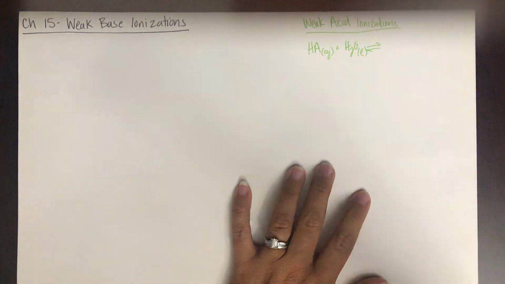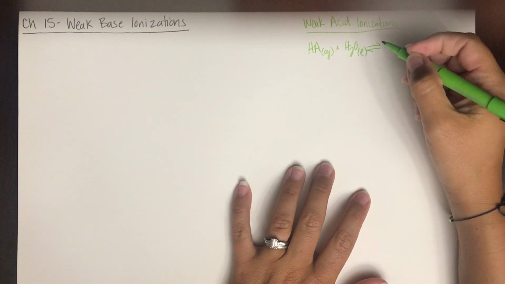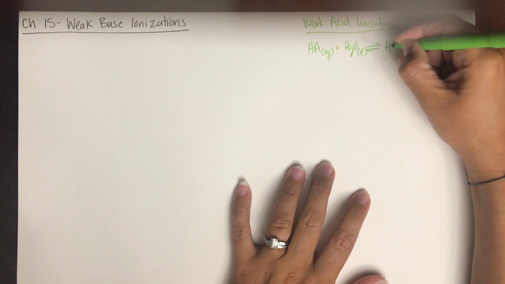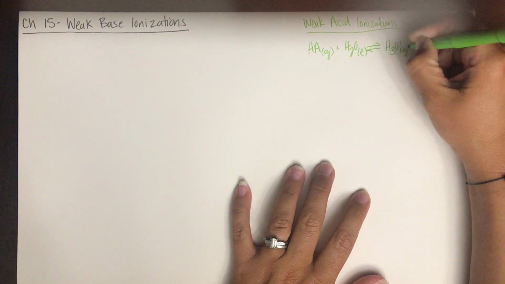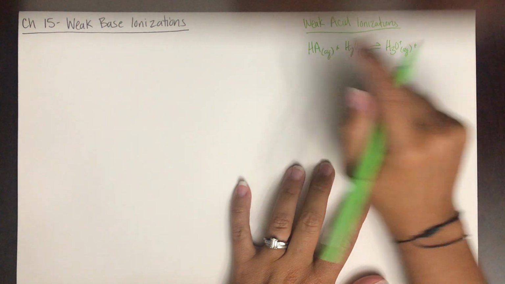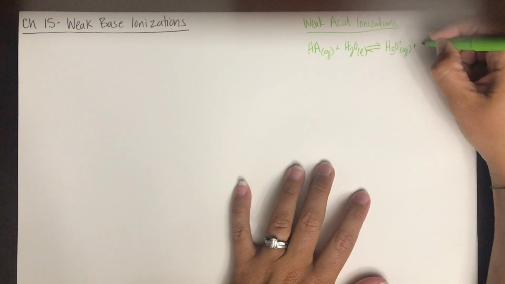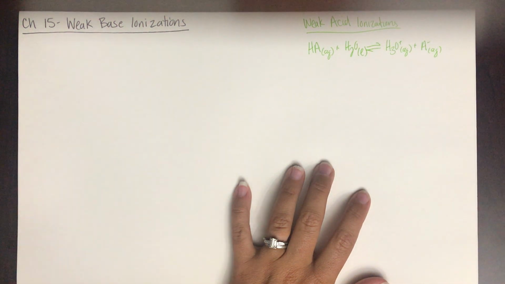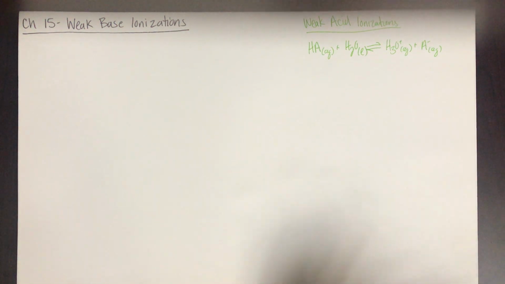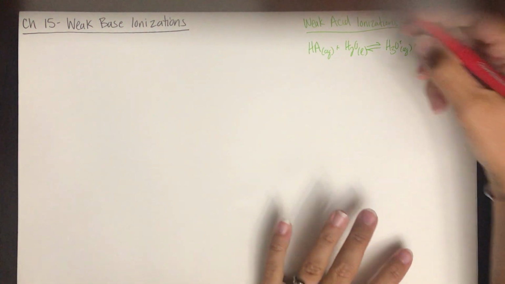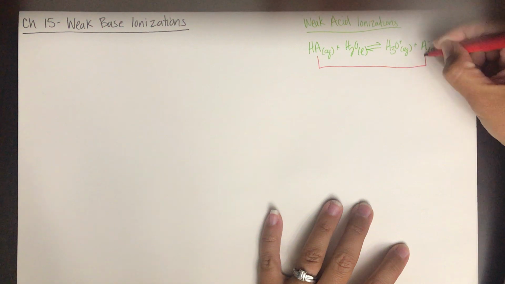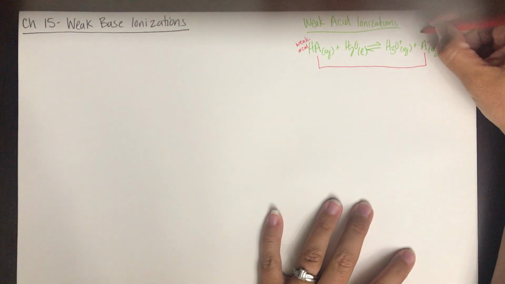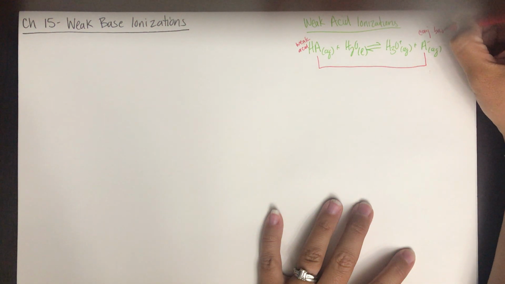And it is going to exist in equilibrium with water, producing the conjugate acid of water, which is the hydronium ion, aqueous, plus the conjugate base of the weak acid, which is this A-, which is also aqueous. So remember, we always have a conjugate acid-base pair. Here, this would be the weak acid, and this would be its conjugate base.